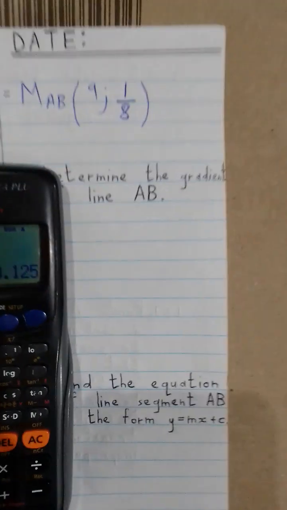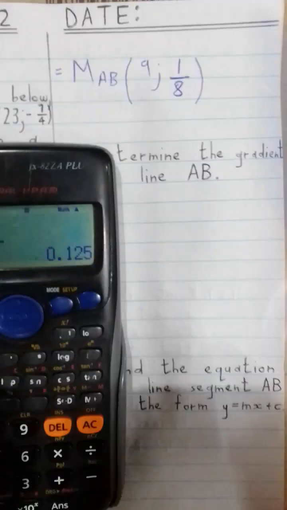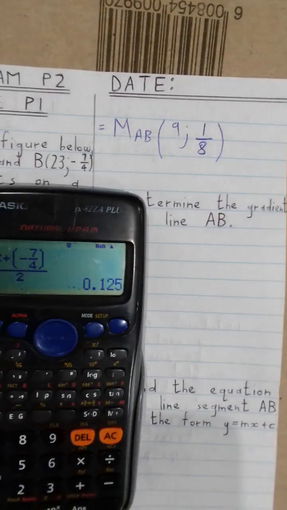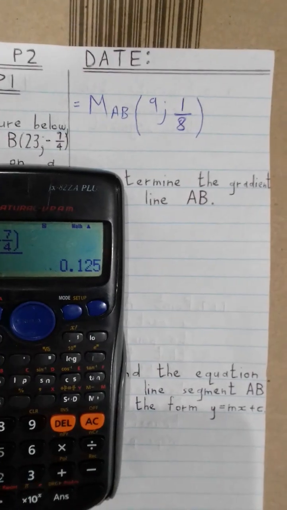Or you can write 0.125, but remember, you don't want to put in many things. Okay, hope that is clear and I hope that makes sense.